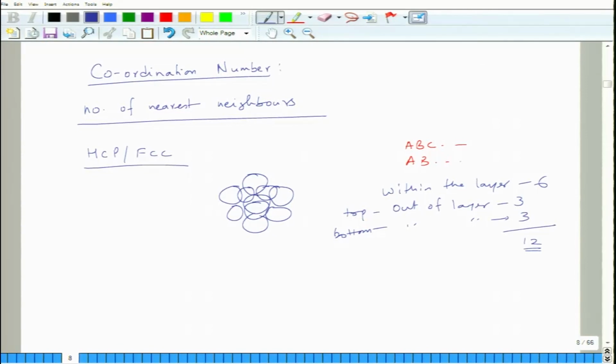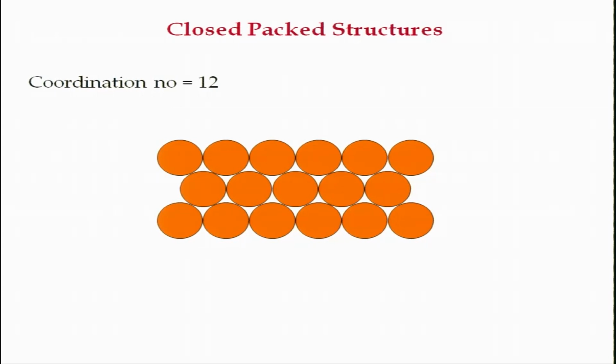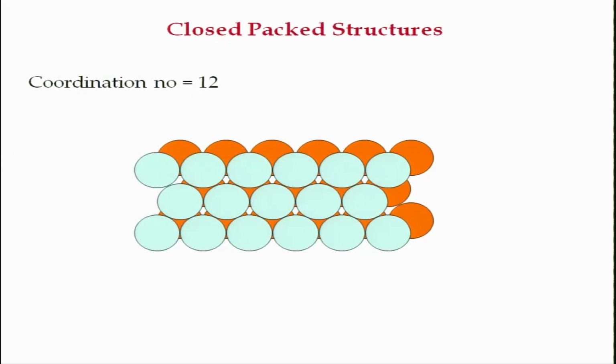I will just give you a short animation of that. Let me see if I have a slide. If you look at this animation, there is the first layer, there is the second layer. So it has 3 below, 6 within plane.